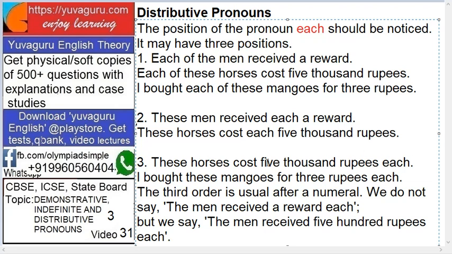Numeral means a number. 5,000 rupees each. 3 rupees each. We never say reward each. When you are not talking in terms of numbers, then each comes first. So remember the 3 positions: first, then in the middle, and then at the end, in the end only when there are numbers.